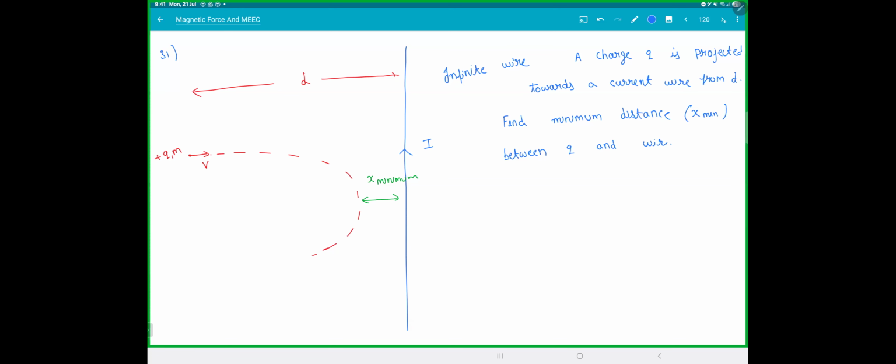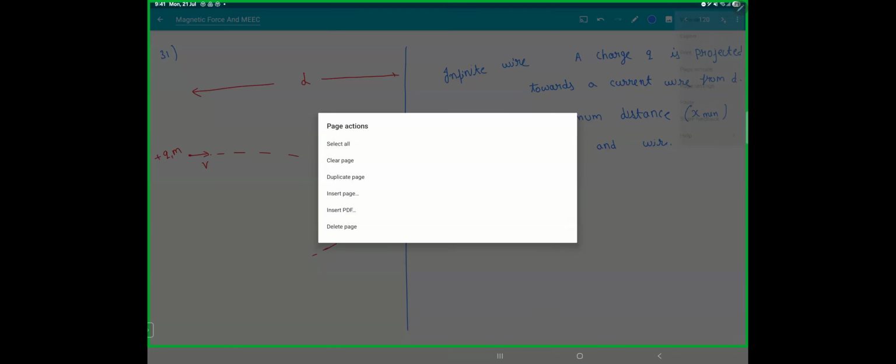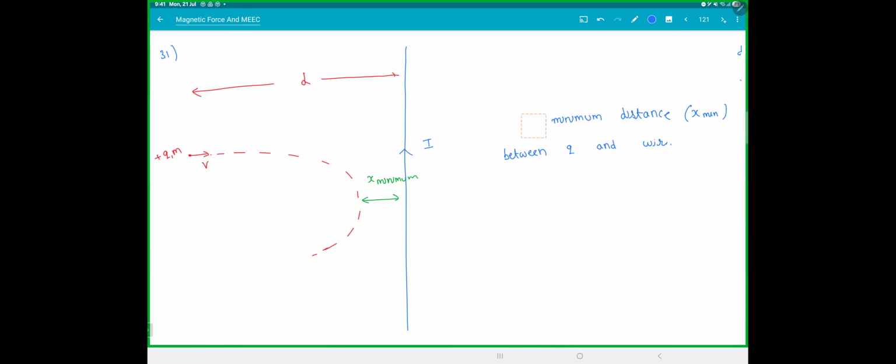What remains constant? Something remains constant. Anyone? So let the velocity be Vx i cap plus Vy j cap.